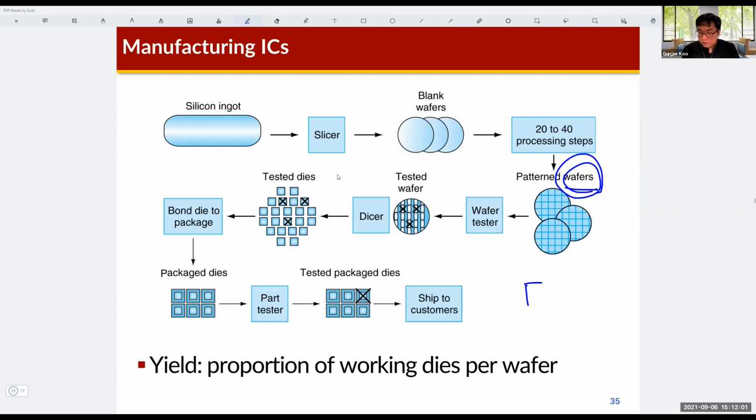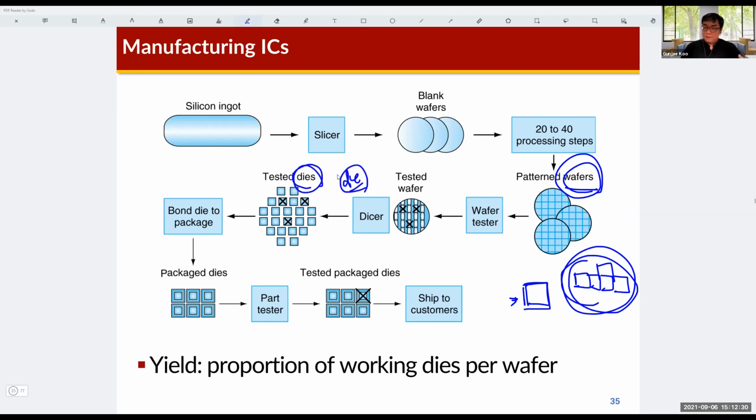But the shape of the chip looks like a rectangle, while the slice of the cylinder is a circle. So actually, in this big circle, we generate rectangular dies. It is called the die.